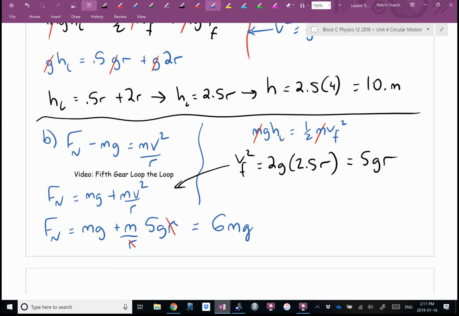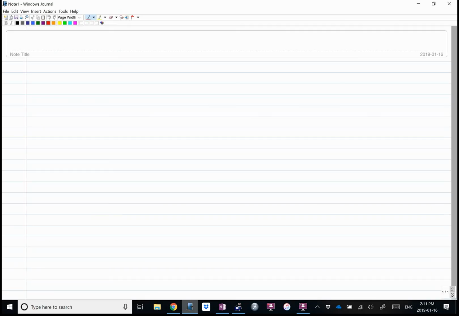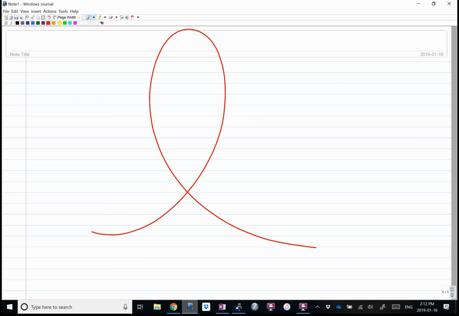What do most roller coaster loops look like? This is not on your test. This is nerd trivia, because roller coasters. If you look at them from the side, most roller coaster loops look like that. We call that a clothoid loop. They're teardrop shaped. The closer it is to a circle, the more you'll feel the G's.